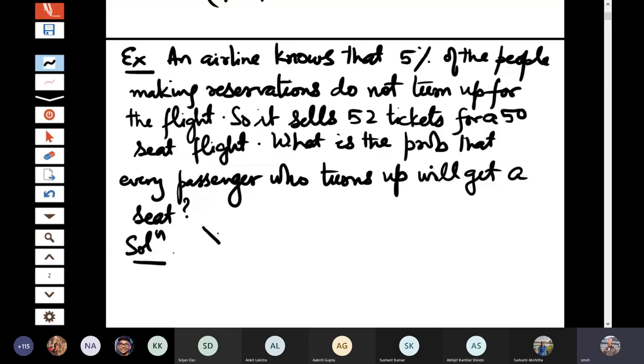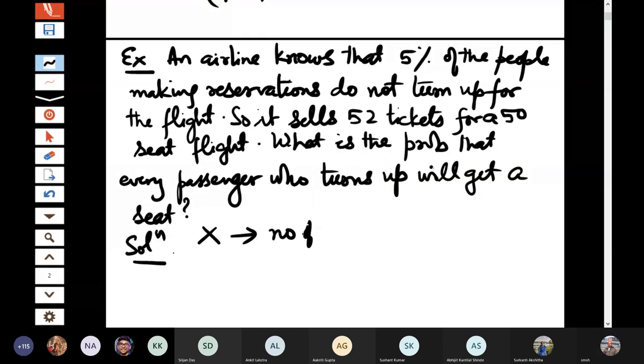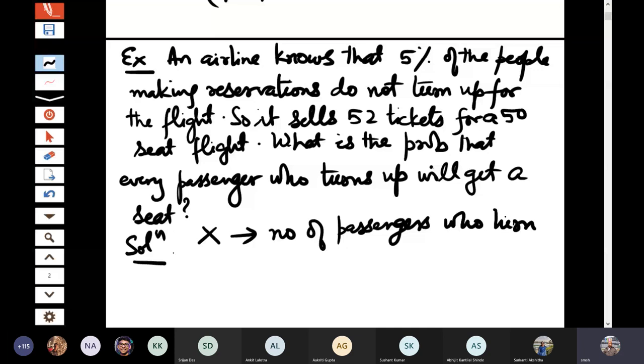So let me define X as the number of passengers who turn up for the flight.